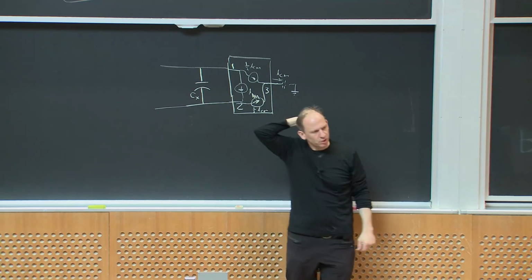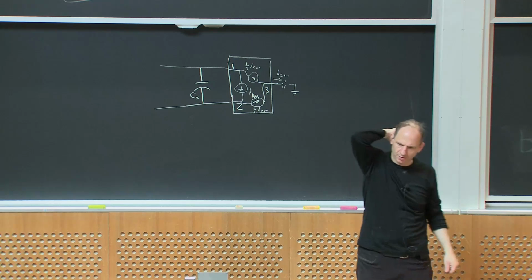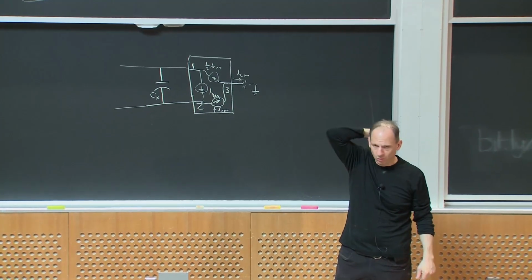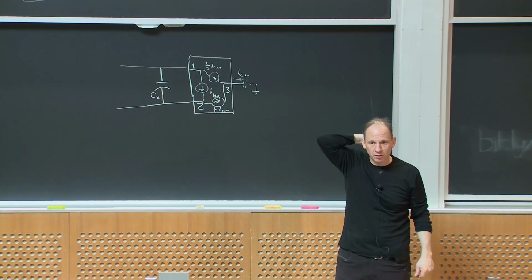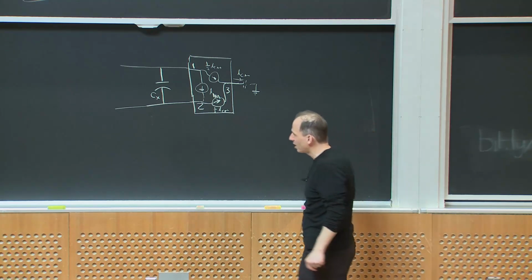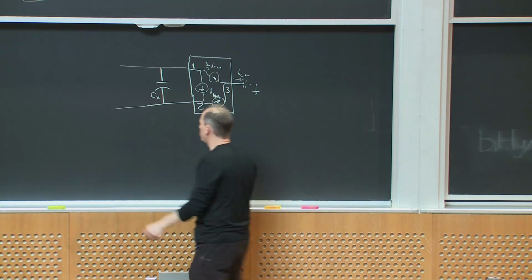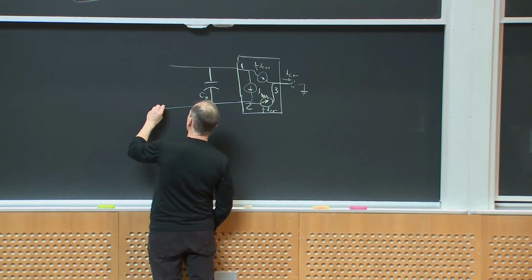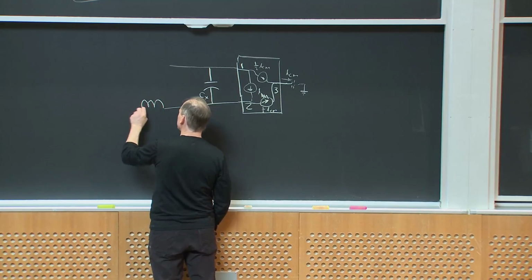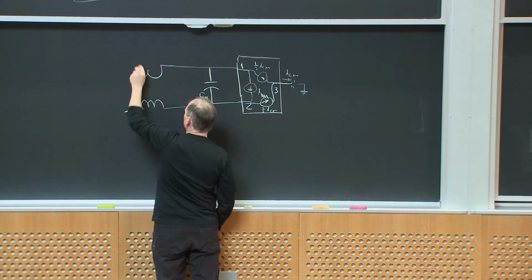So what could I do to deal with that? Well, one thing I could do is put in what's known as a common mode choke. Okay? What is a common mode choke? A common mode choke is essentially a transformer that's wound like this.